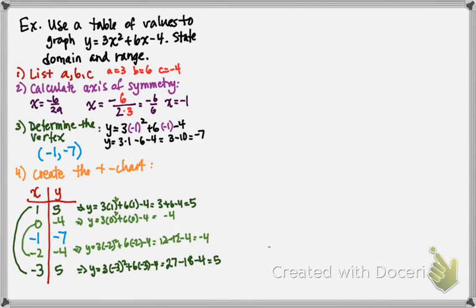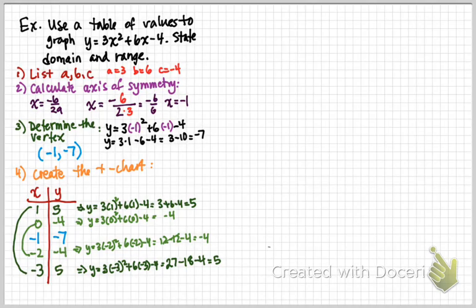So I'm going to add some graph paper. And let's see. So we need to go down to negative 7. And then we're going to go negative 3. So we'll just kind of do it like this. This one, we're going to have to go a little further, I think.